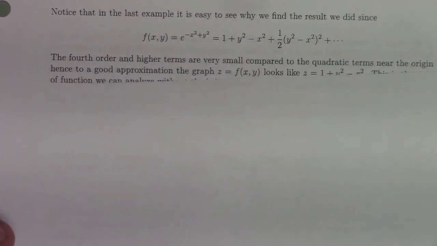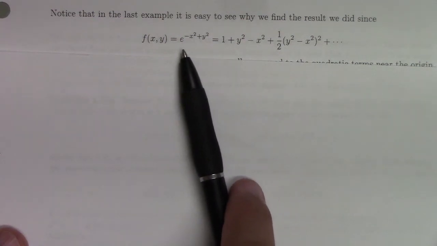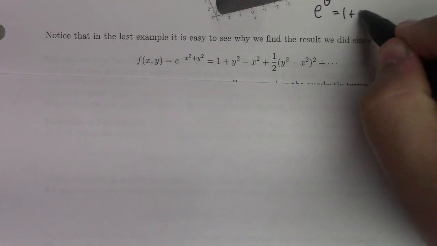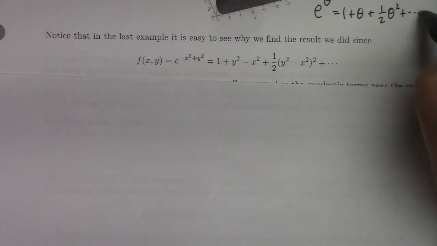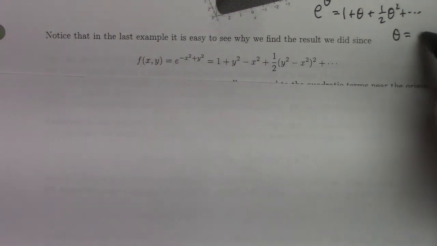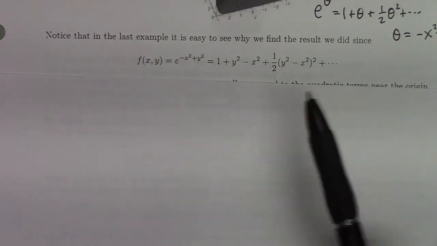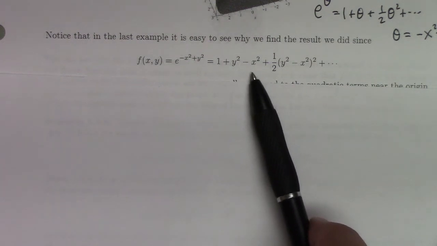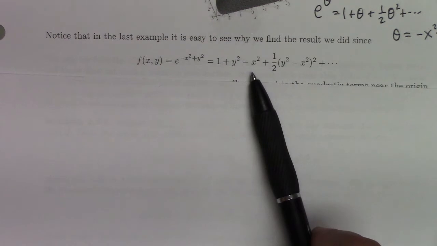So notice in the last example, it's easy to see why we found the result we did, because if you just use the exponential series, e to the theta equals 1 plus theta plus 1/2 theta squared, and so forth, with the substitution theta equal to minus x squared plus y squared, you can quickly derive that to quadratic order, the expansion is 1 plus y squared minus x squared. So I can actually look at that and tell you the eigenvalues are 1 and minus 1 for this.